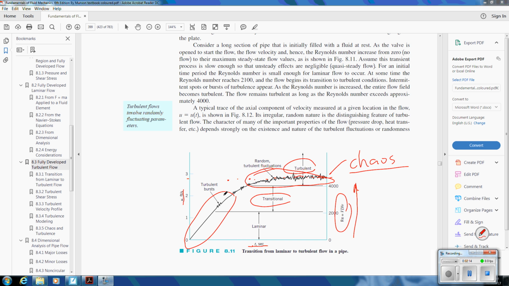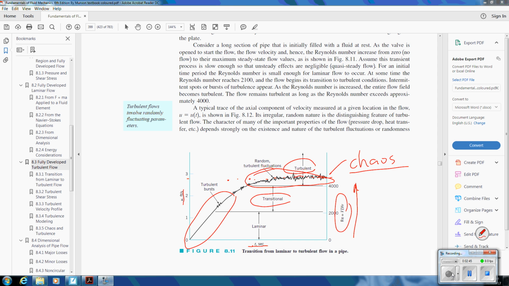Compared to the smooth increasing velocity here, we can follow the center line velocity or any particle just to track the axial velocity. But in turbulent flow, it's really hard to do that. You can see all this zigzag in the turbulence. There is a mean velocity going on, but the turbulence gives us more chaos in the velocity profile.